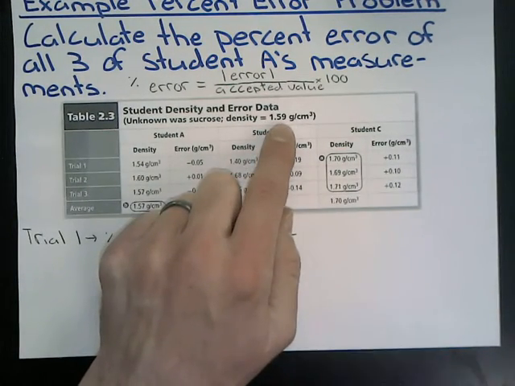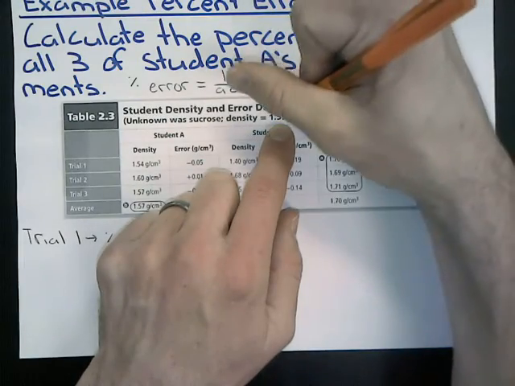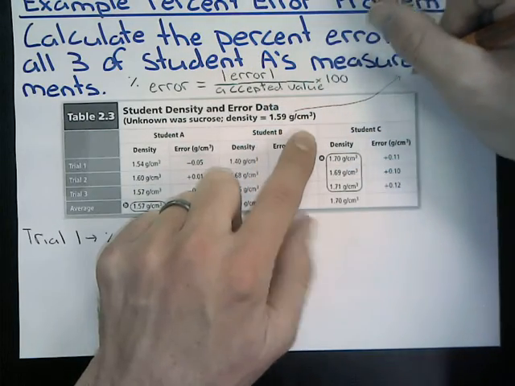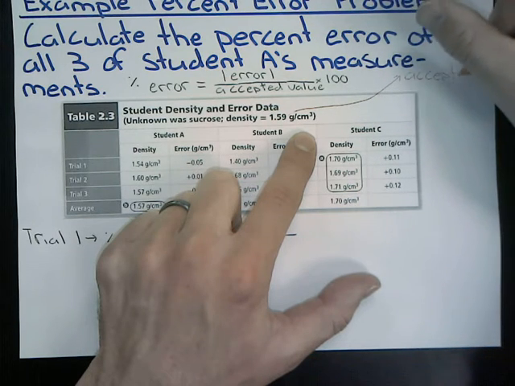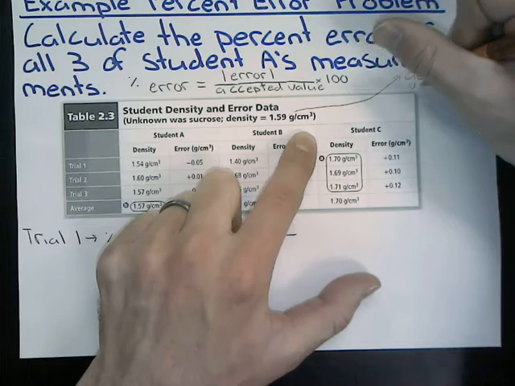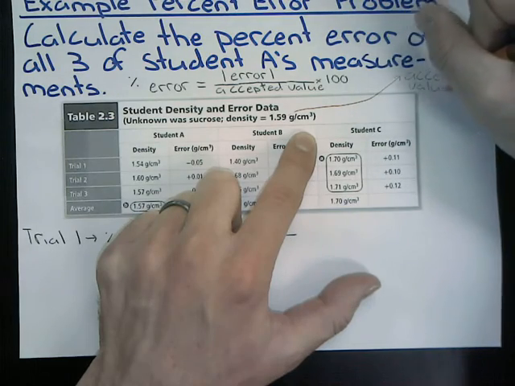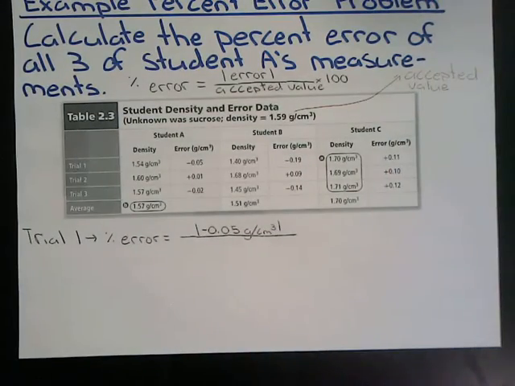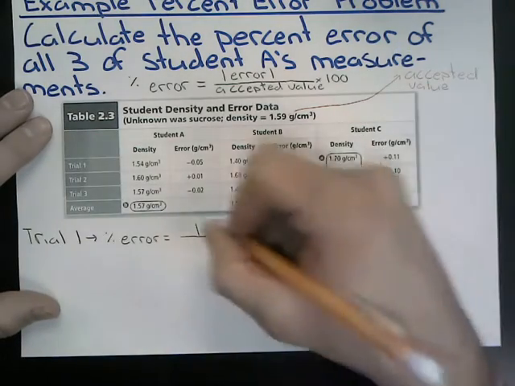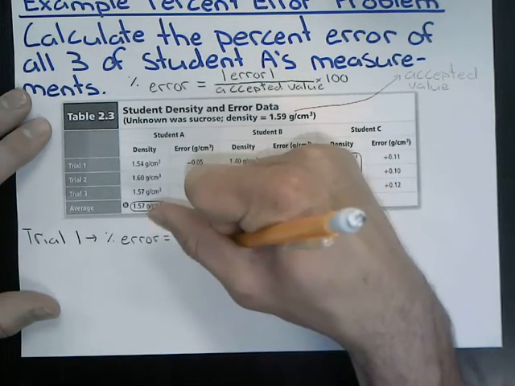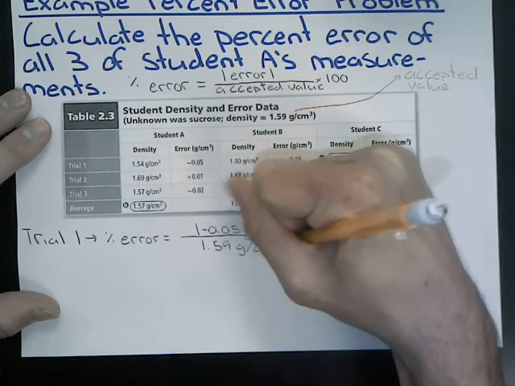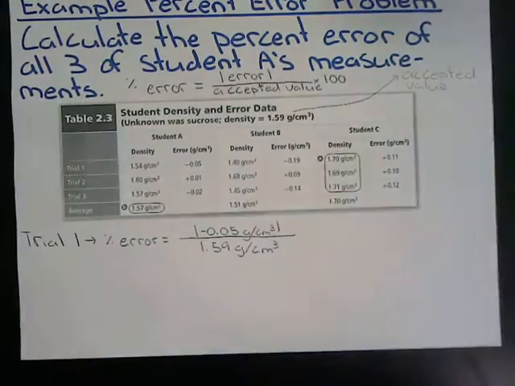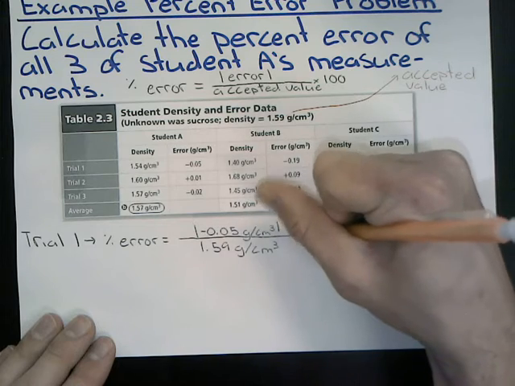Now the accepted value is 1.59 grams per cubic centimeter, and I'm going to write that down here. And because that is the accepted value, we put this down here, and then we can multiply this by 100.